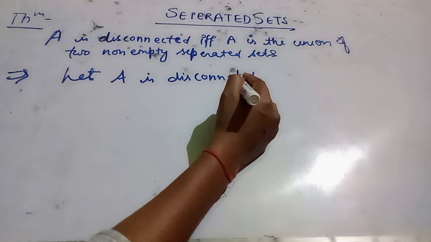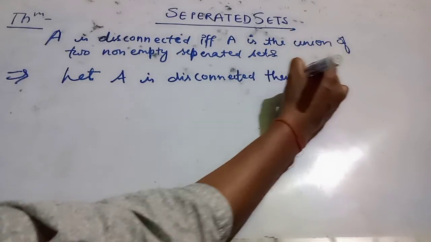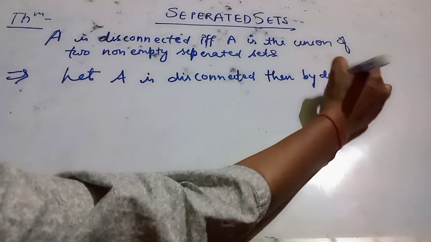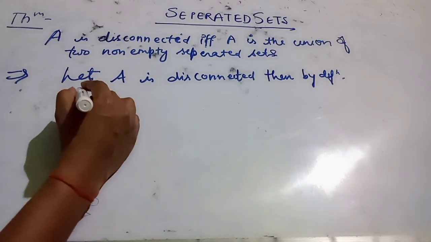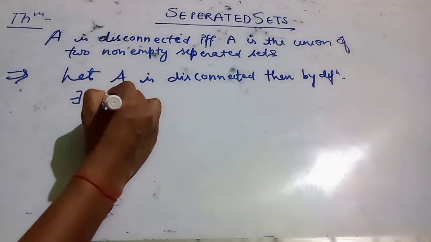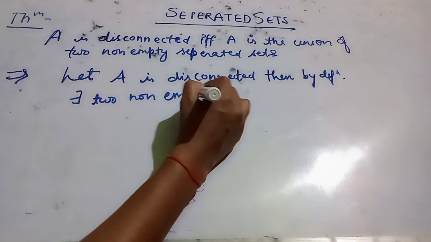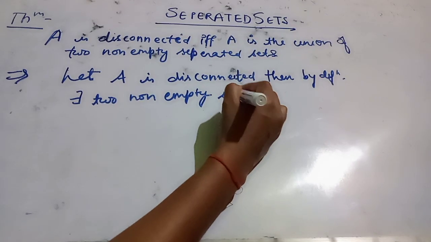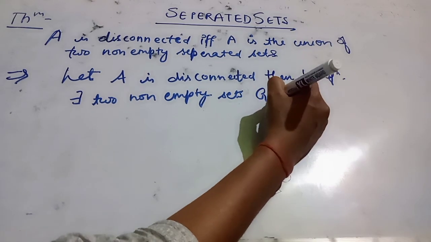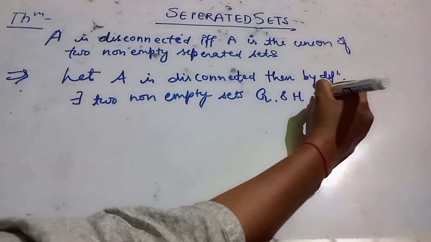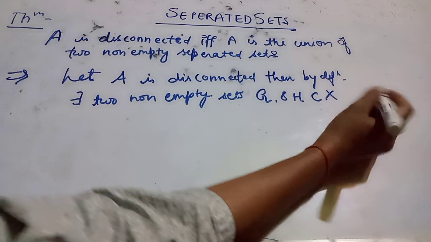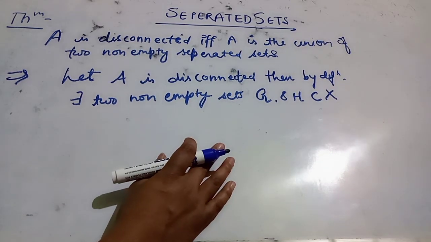Let A be disconnected. Then by the definition of disconnected, there exist two non-empty sets, you can take any sets like G and H, that are subsets of X. I hope the definition of disconnected is clear from here.